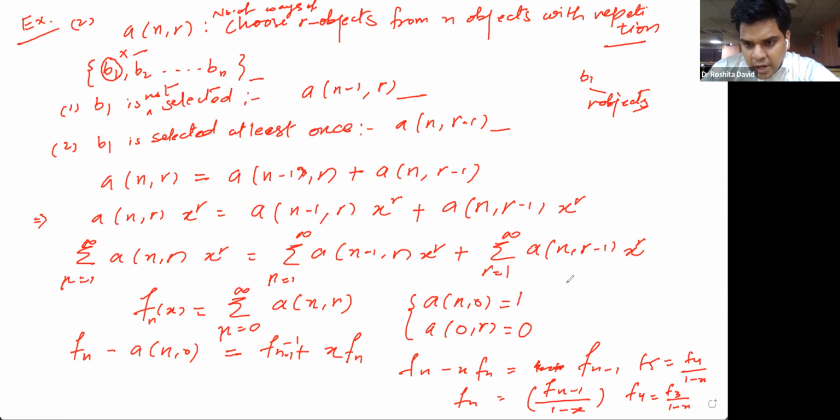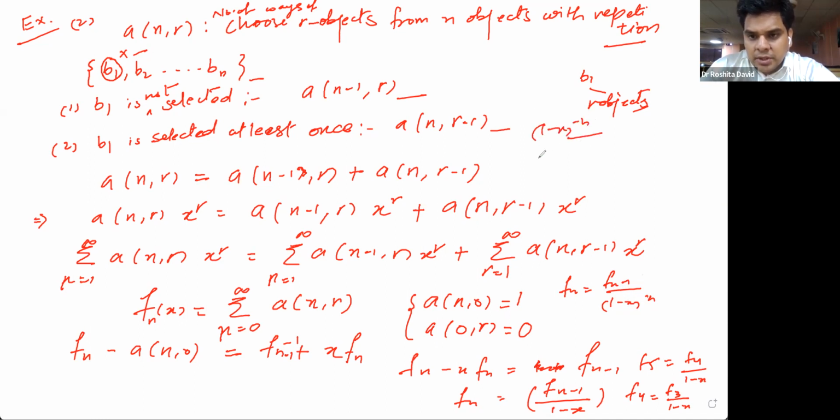So overall, I will get f n as f n minus 1 upon 1 minus x to the power n. And if I want to find the coefficient of this 1 minus x to the power minus n, we have to find the coefficient of x to the power r in this expansion 1 minus x to the power minus n.